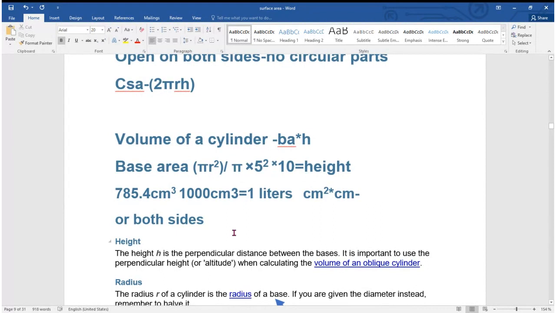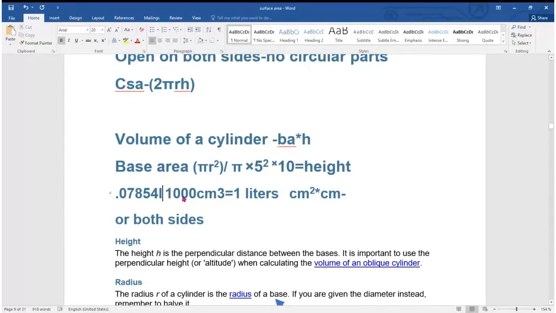For example, this one, you just divide by 1,000, okay? And then you get your answer, which is 0.7854 liters. So instead of centimeters cubed, your answer is now in liters. The examiner will keep on telling you to convert from one unit of measurement to the other.